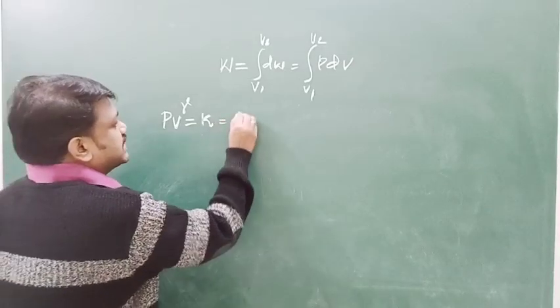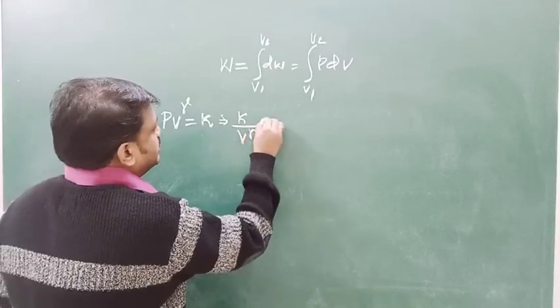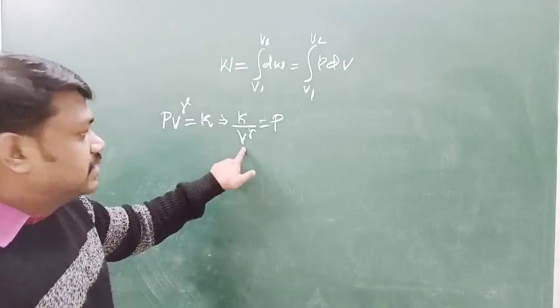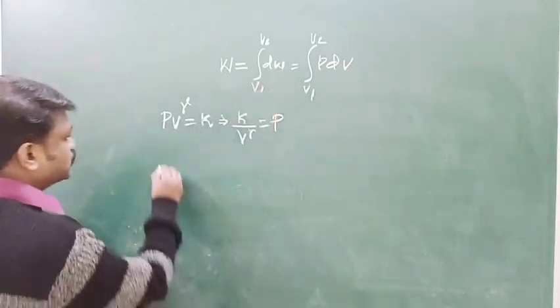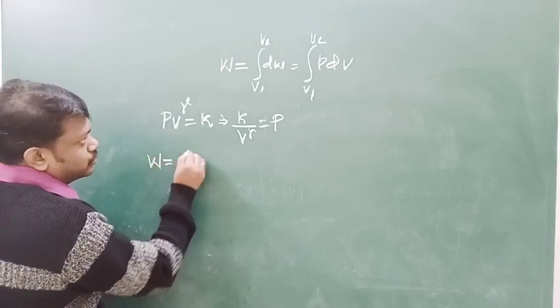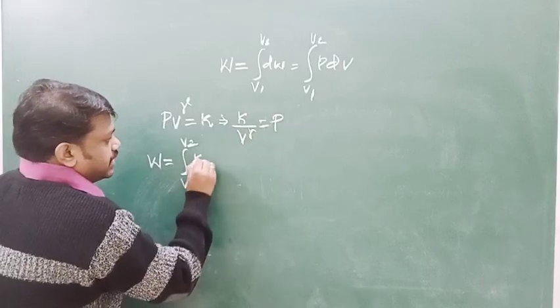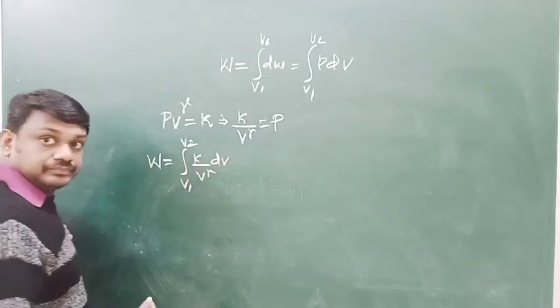You can take it as K divided by V power gamma equal to P. Now we can replace P in the equation W equal to integral V1 to V2 P dV, with K divided by V power gamma dV.